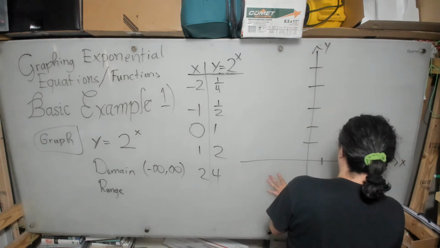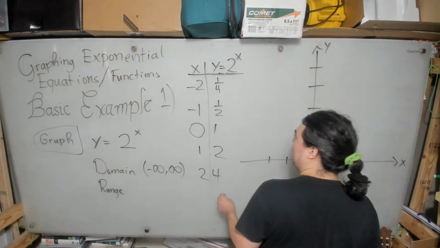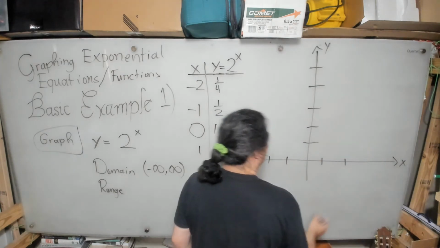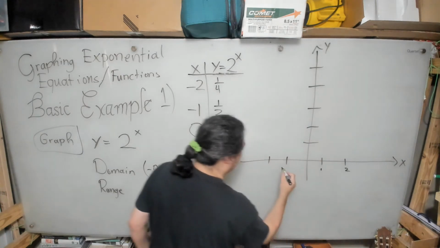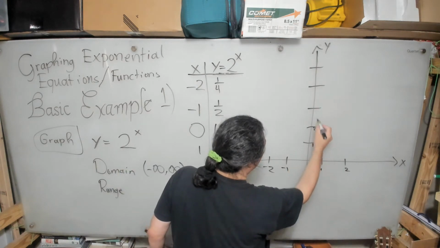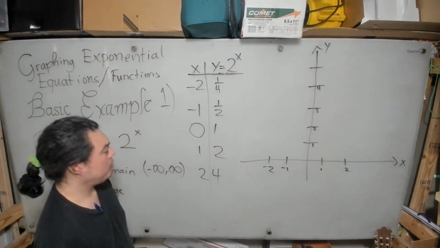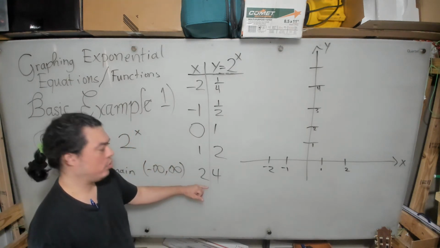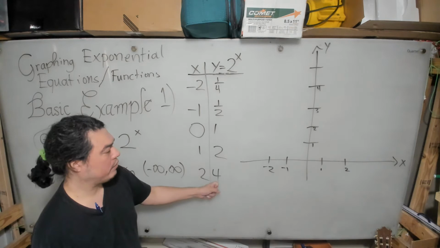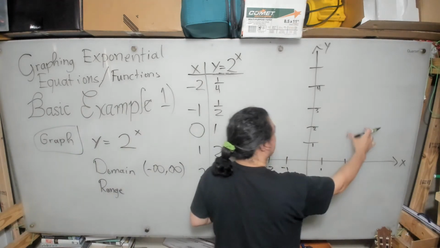And of course, if you are plotting this on paper, if you use a ruler, you'll be able to get very nice points. So here is 1, this is 2, negative 1, negative 2, and of course 1, 2, 3, 4, etc. So let's plot together the point 2, 4. That means I'm going to go 2 along the x and 4 along the y.